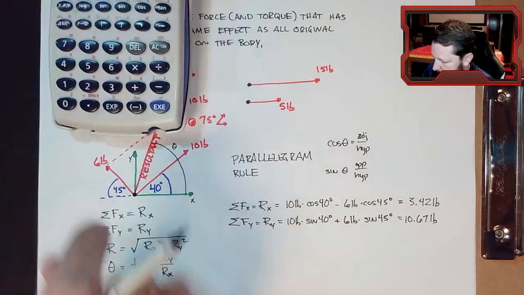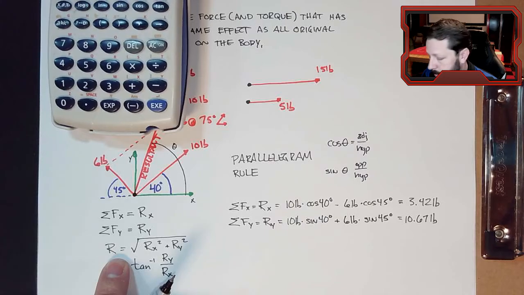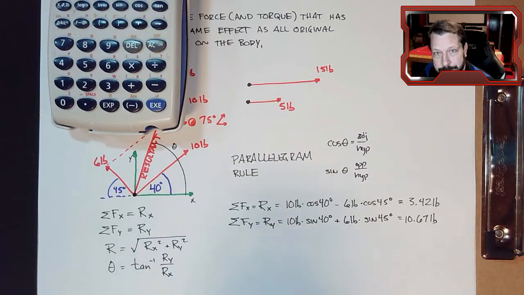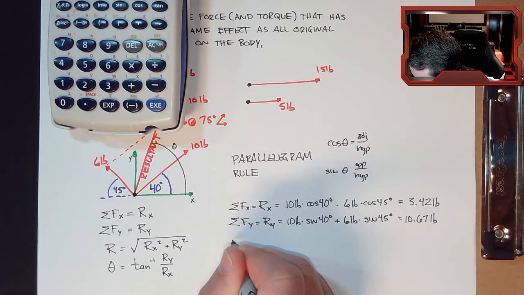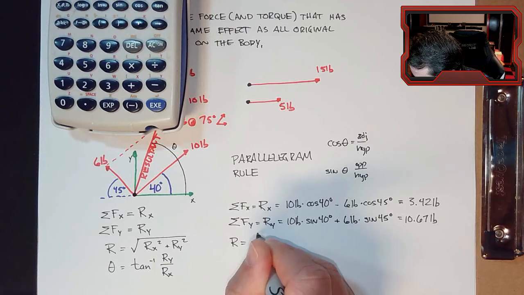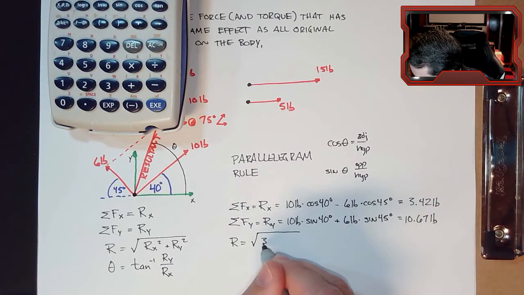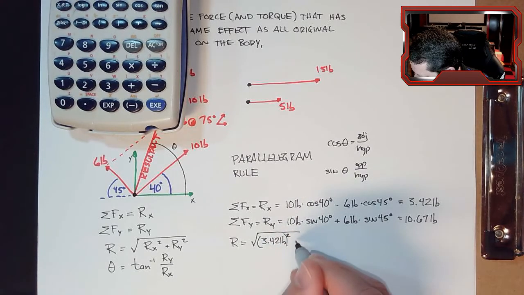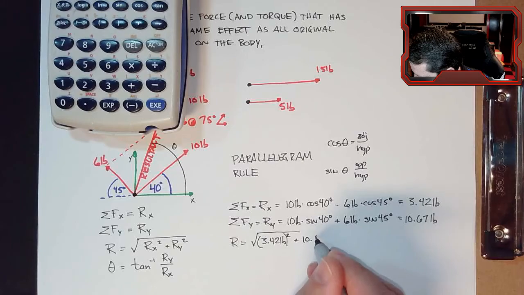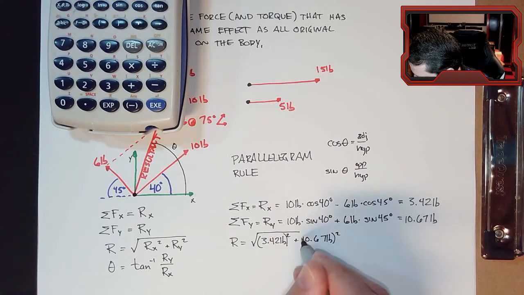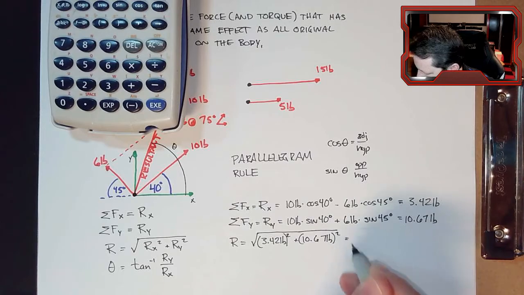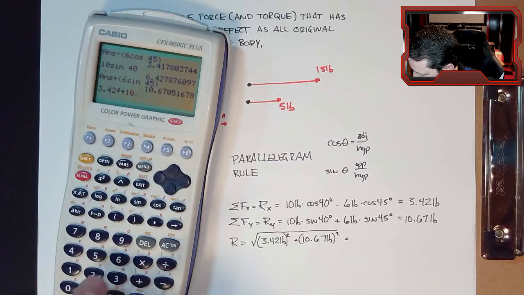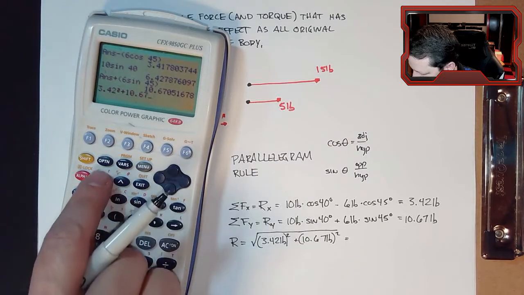All right, to get the magnitude of the resultant, we do the square root of the summation of the squares of its components. It's a lot to say. R equals the square root of 3.42 pounds squared plus 10.67 pounds squared, all of that under the square root symbol. 3.42 squared plus 10.67 squared.